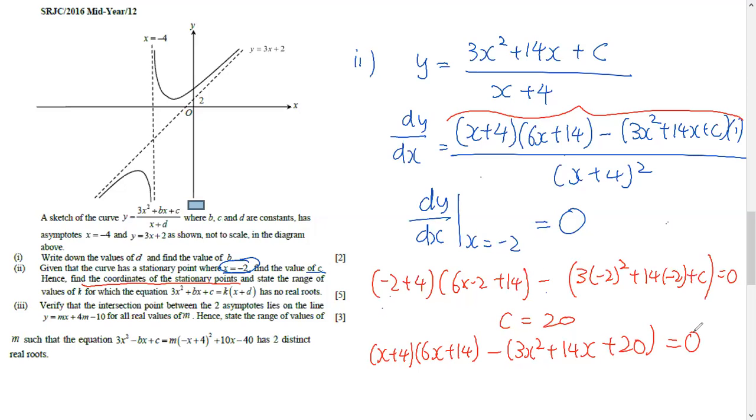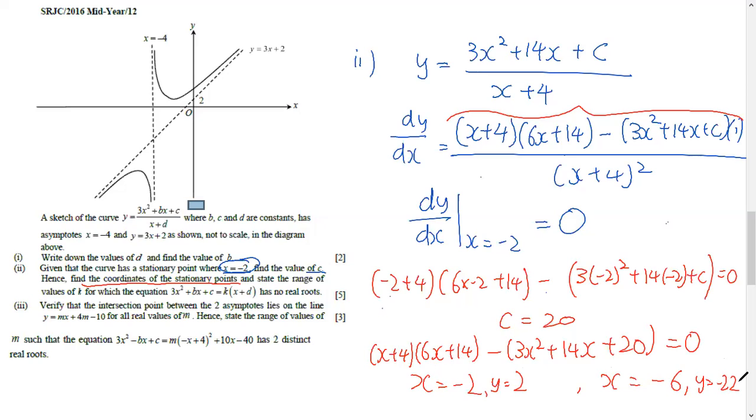So we solve for x. In this case, it will be a quadratic. You can solve it yourself. x will be minus 2, and the other x will be minus 6. The corresponding y values you have to find for them also. The first y value will be 2, and the second y value will be negative 22. This is how you get your pair of stationary coordinates.